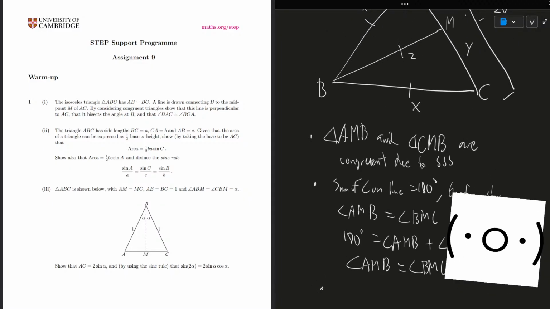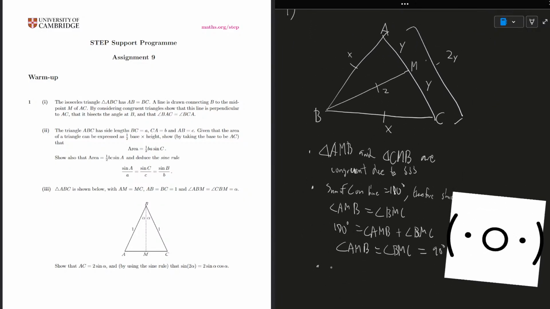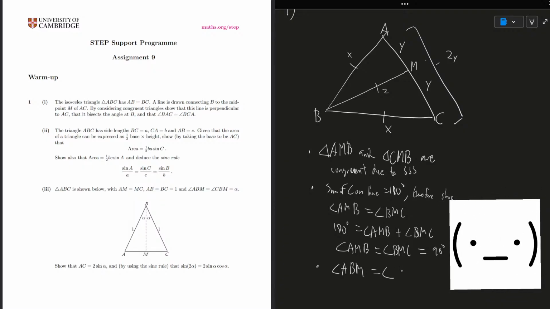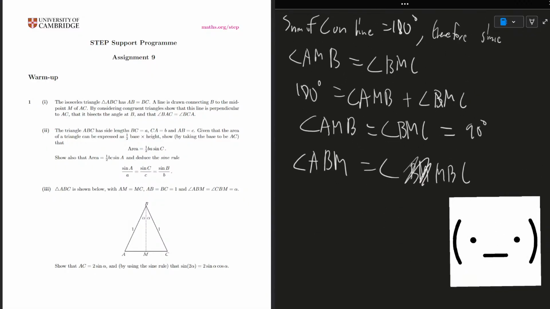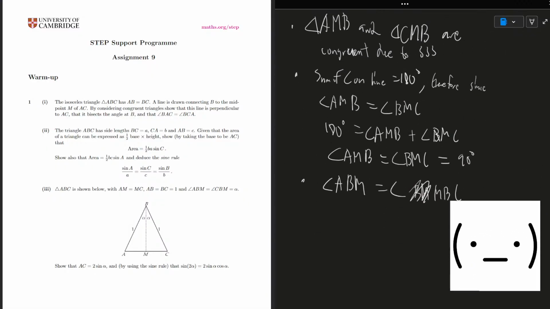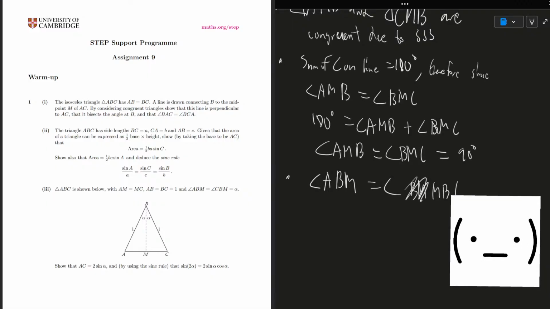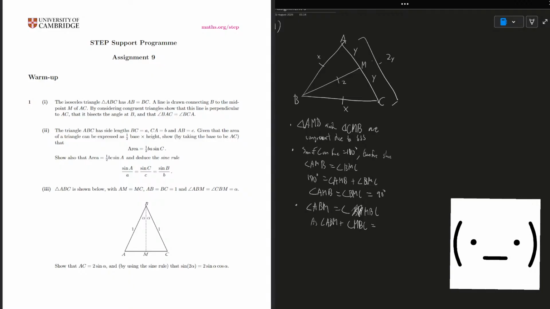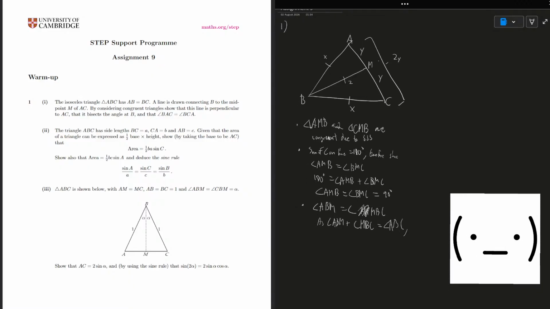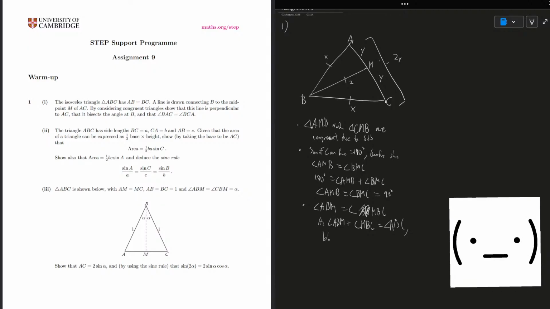Okay, so let's continue. So it bisects the angle at B. Again, because it is congruent, we know that ABM equals MCB. So therefore, ABM equals MBC.